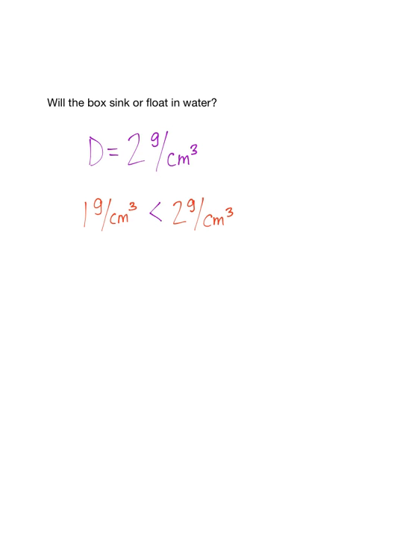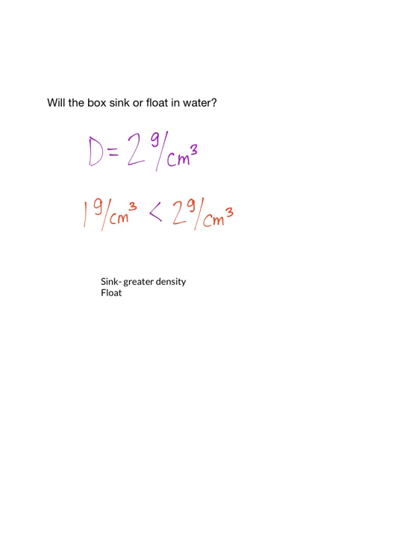So my density of 2 being greater than my density of 1, that object will sink. If you remember, an object will sink if it has a greater density than the liquid that you are placing it in. Since this cardboard box has a greater density than the water, it will sink.